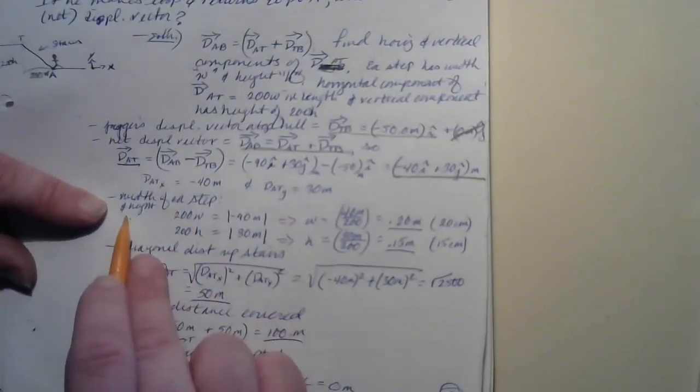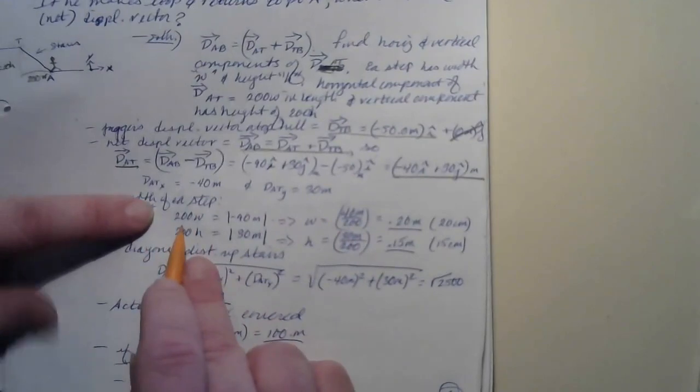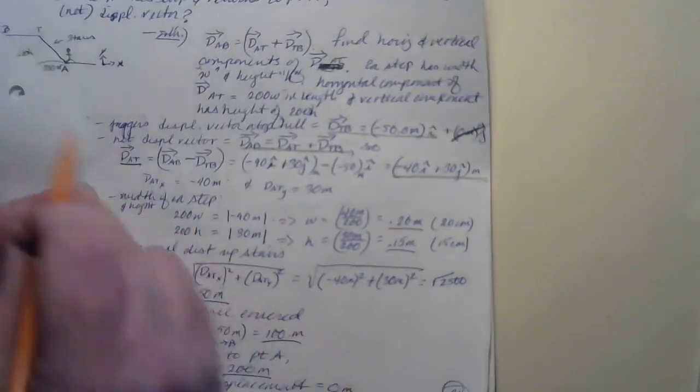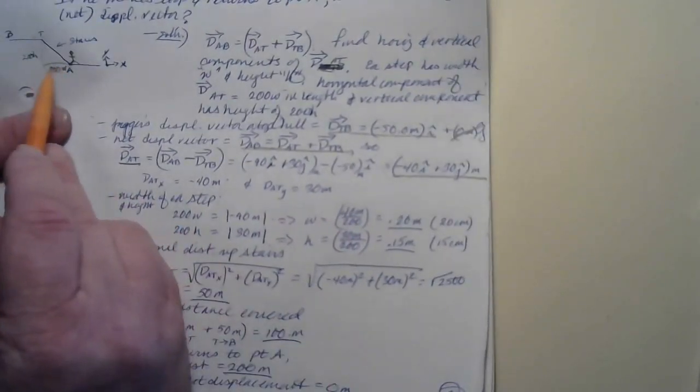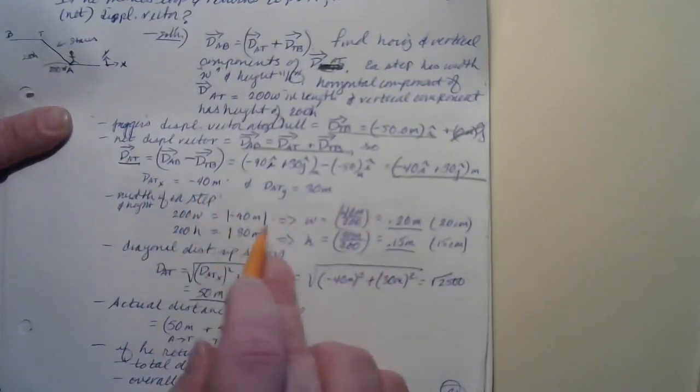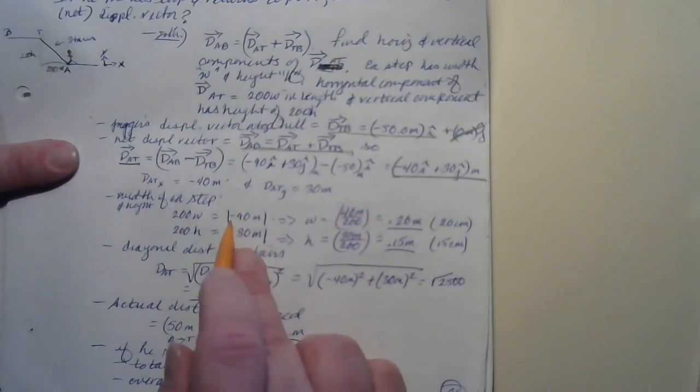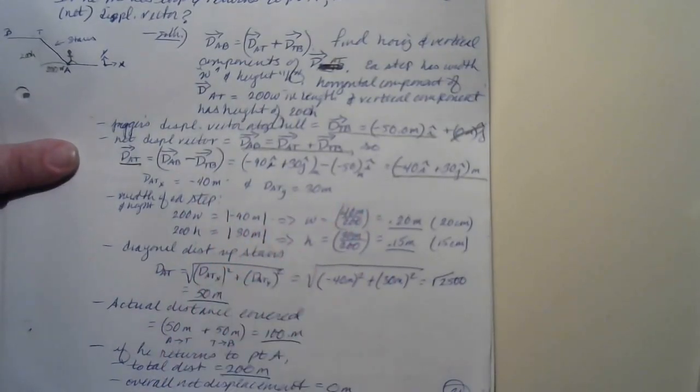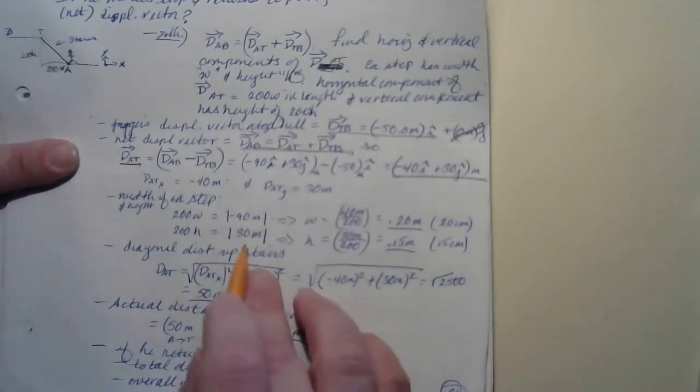So the width and height of each step: we've got 200W, that's the horizontal component, and that is equal to 40 meters. With the directions we're using here, it's negative 40 meters, but of course, negative just indicates a direction, and 40 would be the magnitude.